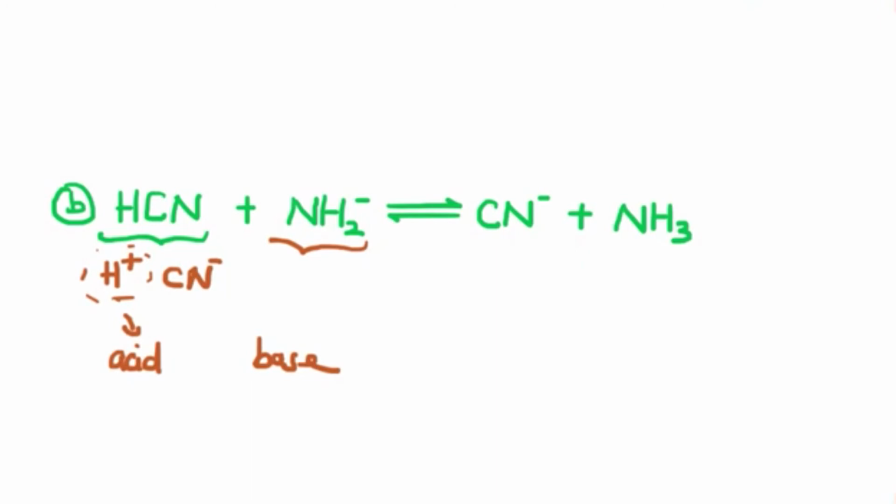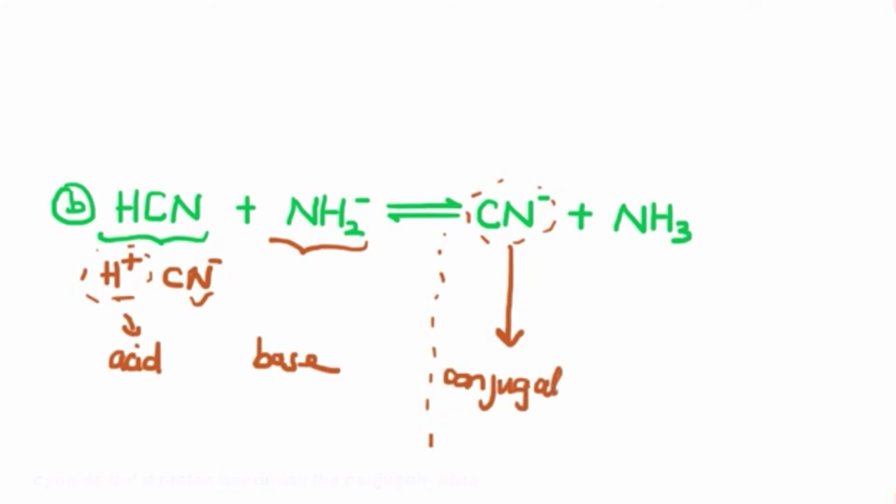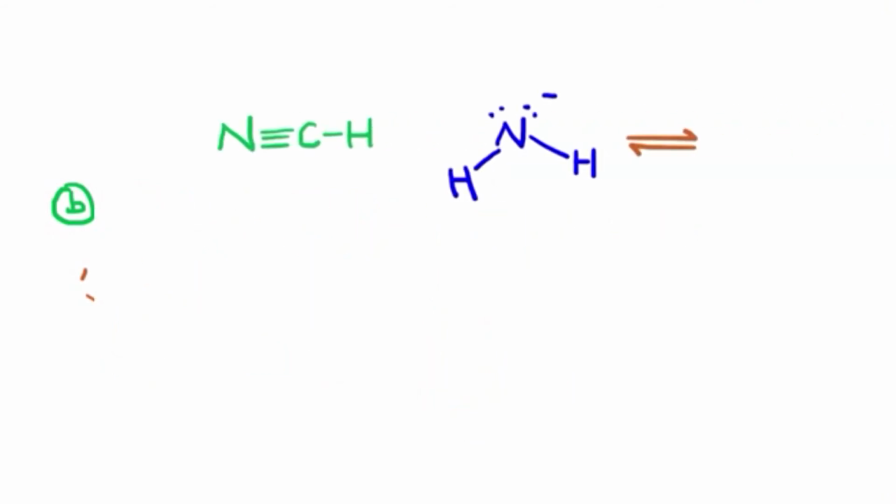So at equilibrium, in our product, we notice that we have cyanide. The cyanide here comes from the acid, therefore this is called the conjugate base of the acid.